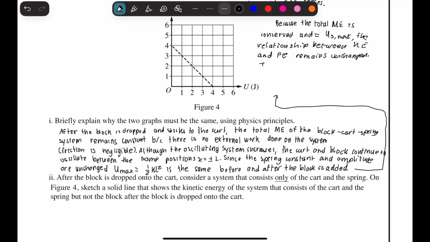So that's why, therefore, we can say the K versus U graph is identical.